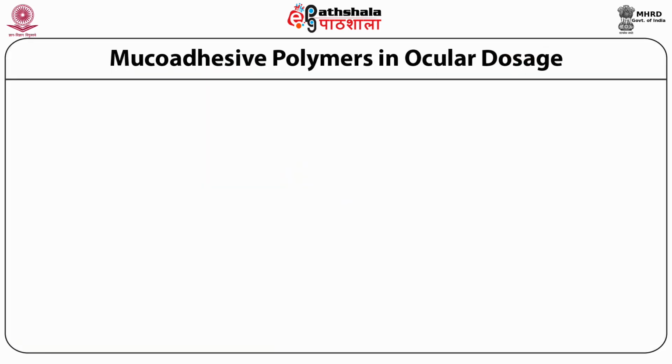The mucoadhesive polymers used in the ocular dosage forms. The ocular dosage forms can either be in liquid form, or in the semi-solid form, or finally in the solid dosage forms. For each of these formulations, there could be a choice of some of the mucoadhesive polymers.